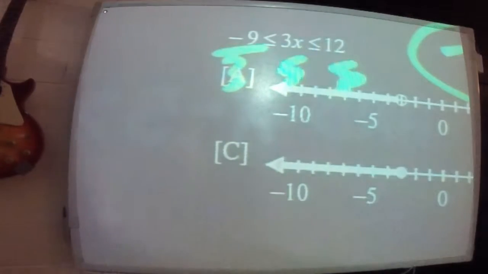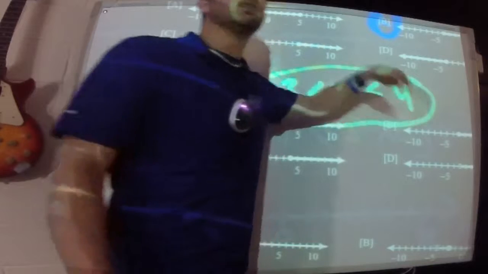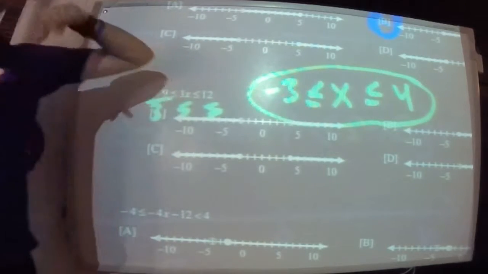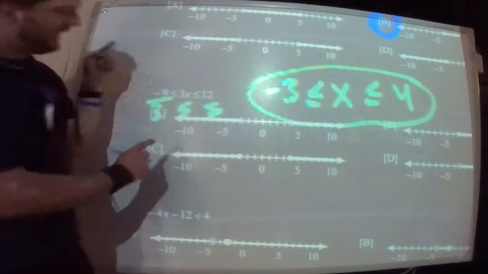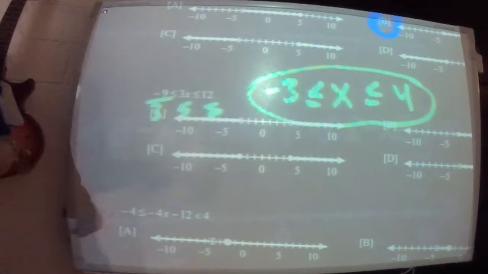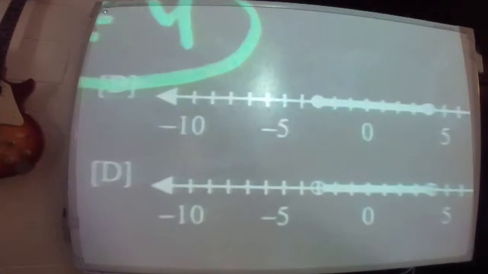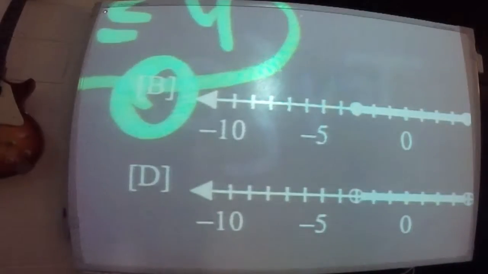So I need two dots, one at -3 and one at +4. What kind of dots? Both closed. First off, it can't be A or C because those aren't connected dots. It's got to be B or D, but I want them both closed and both connected. So it's going to be B.